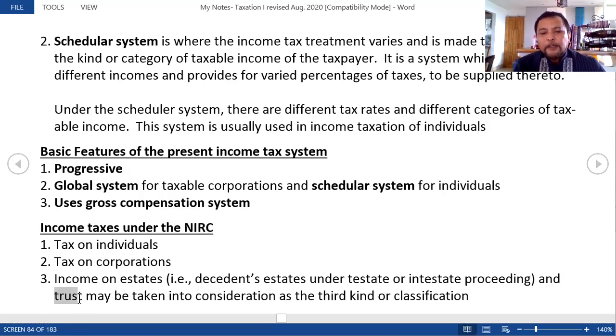There are also trusts, which are another taxpayer. A trust happens when a person gives the income or his property to another person, but not yet as of the moment, probably because the person is still a minor. That minor is the trust beneficiary. For example, I am the trustor.